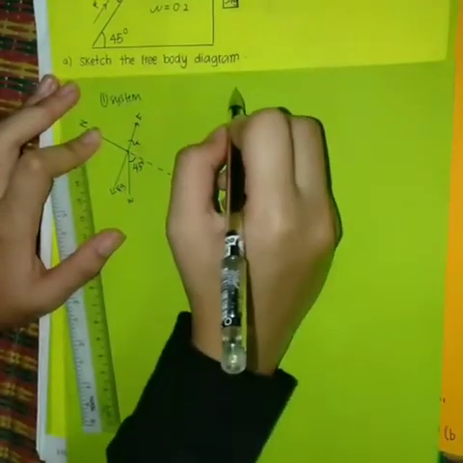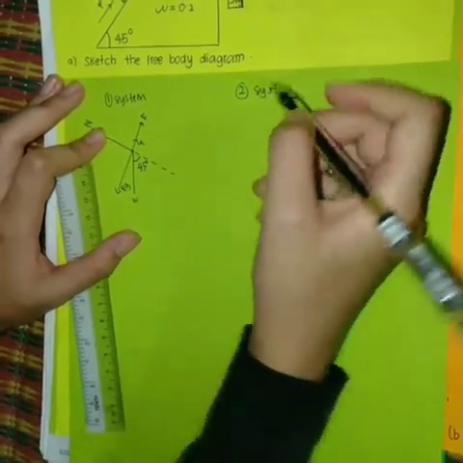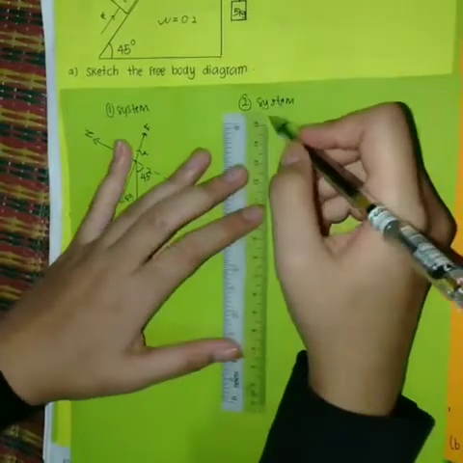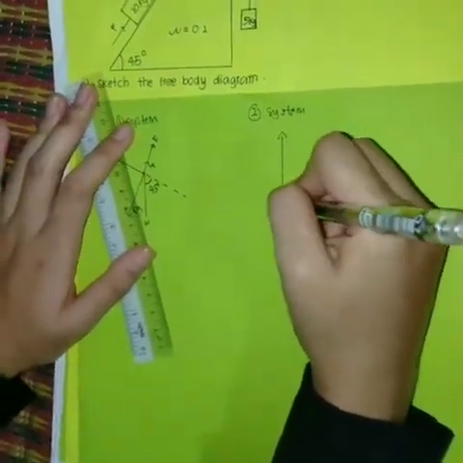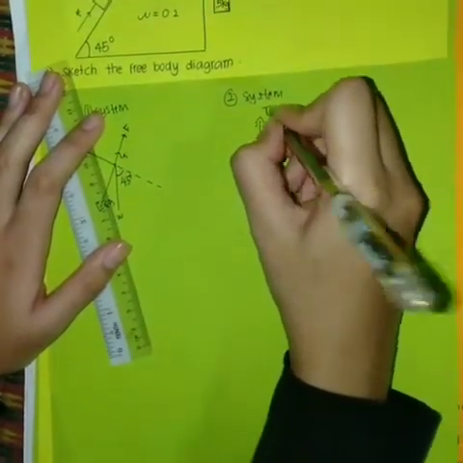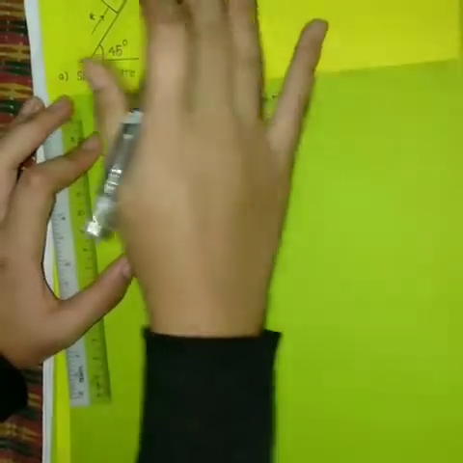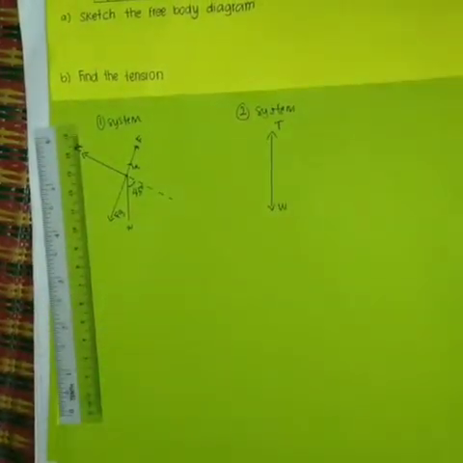Okay, for the second system, it sketch like this. So done. So the next question is we need to find tension.